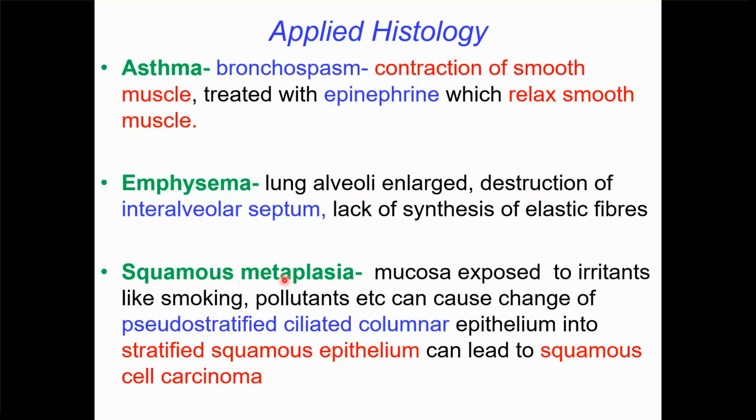Then squamous metaplasia, the mucosa which we learnt is exposed to irritants like pollutants and smoking. It causes change of the pseudostratified ciliated columnar epithelium into the stratified squamous epithelium, and this can further lead to squamous cell carcinoma.